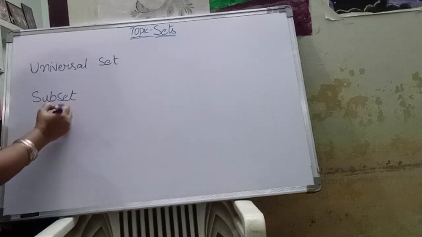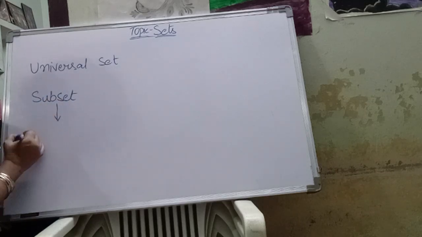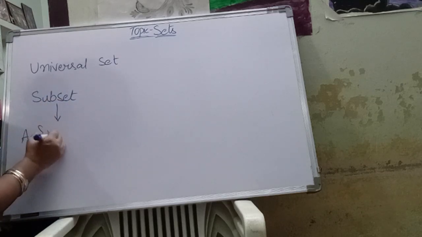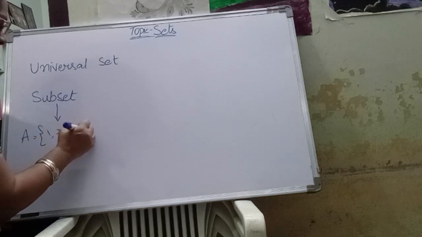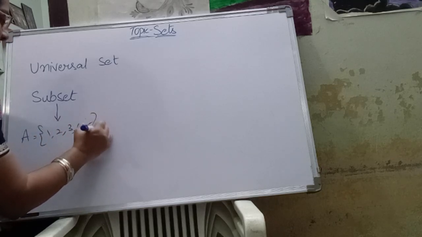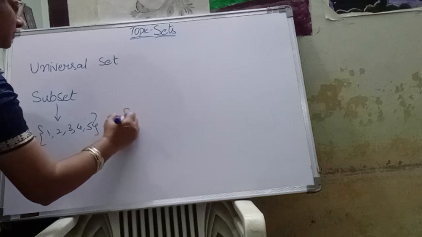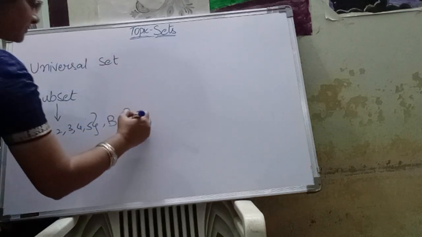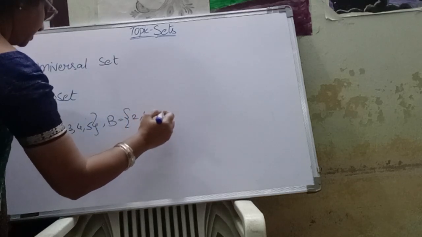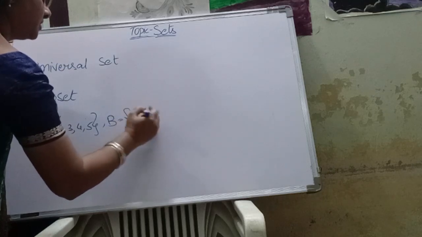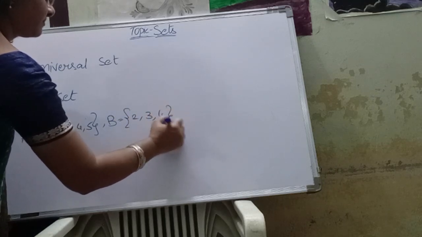How to denote this subset? Say for example, you have A equal to 1, 2, 3, 4, 5 and B is equal to 2, 3, 4.